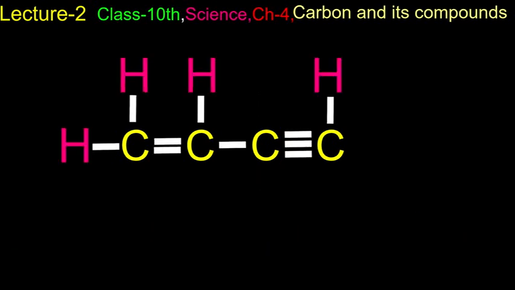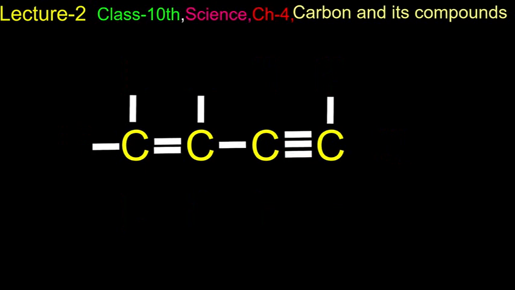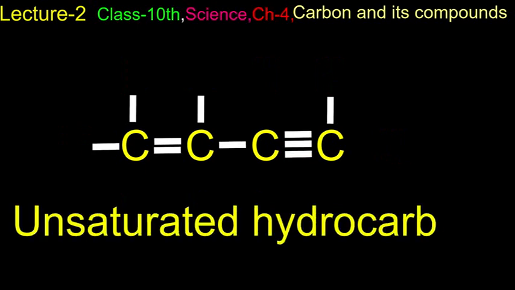If, on the other hand, one or more than one carbon-carbon bond is double or triple in the compound, then hydrogen or other group can be added to such a compound. Therefore, such a hydrocarbon is called unsaturated hydrocarbon or unsaturated carbon compound.